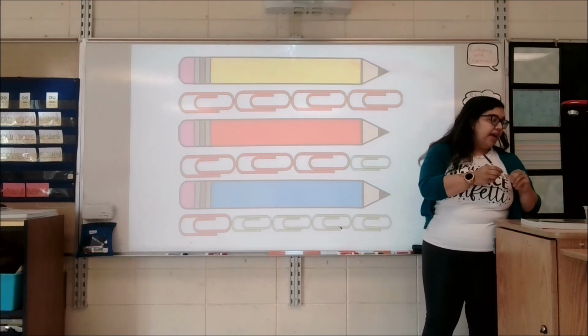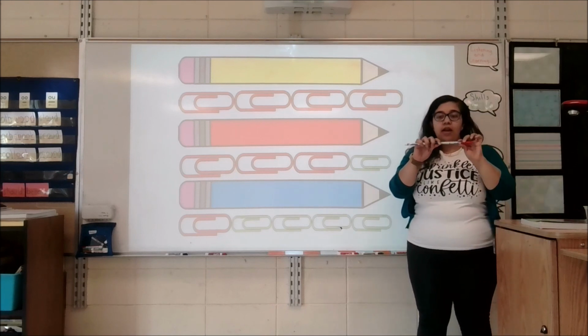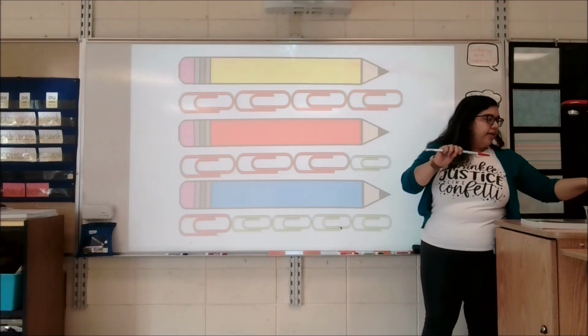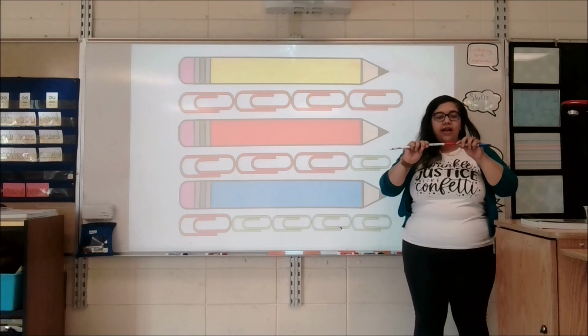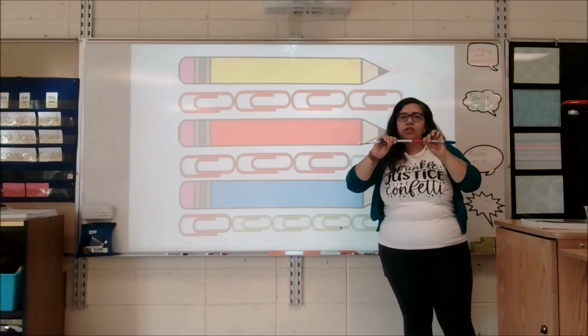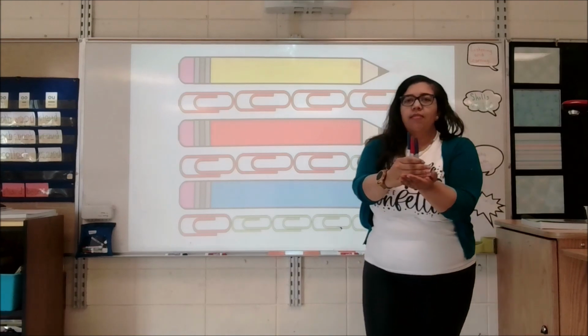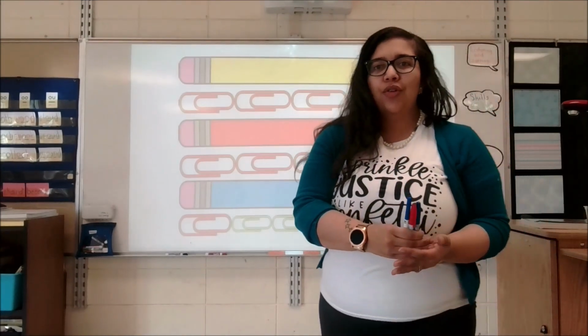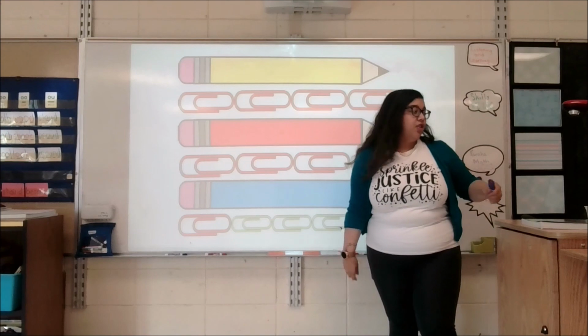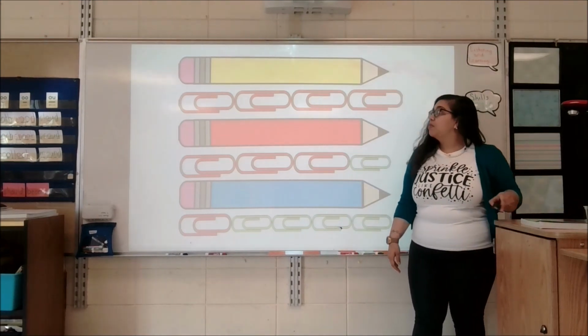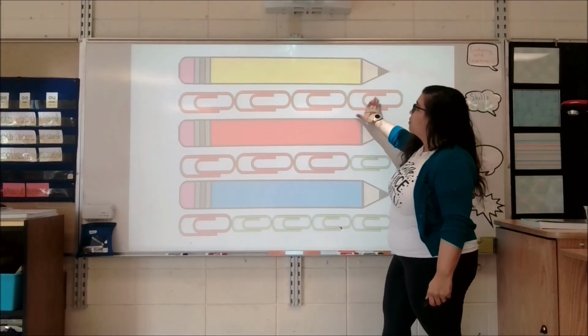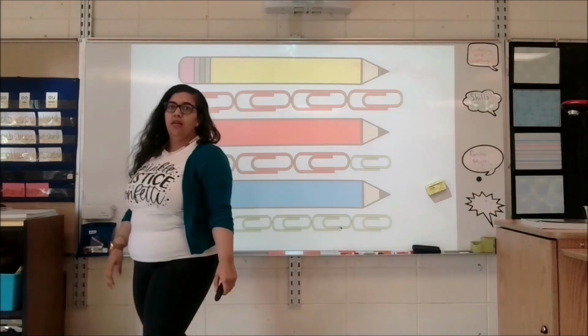I can't take this marker and then this marker and then this marker and line them up and say, oh, my book is 3 markers long, but these 3 markers aren't the same length. So they're not measuring the same amount with each marker. The same thing works with these paper clips. Because look what happened if I use all big red paper clips.